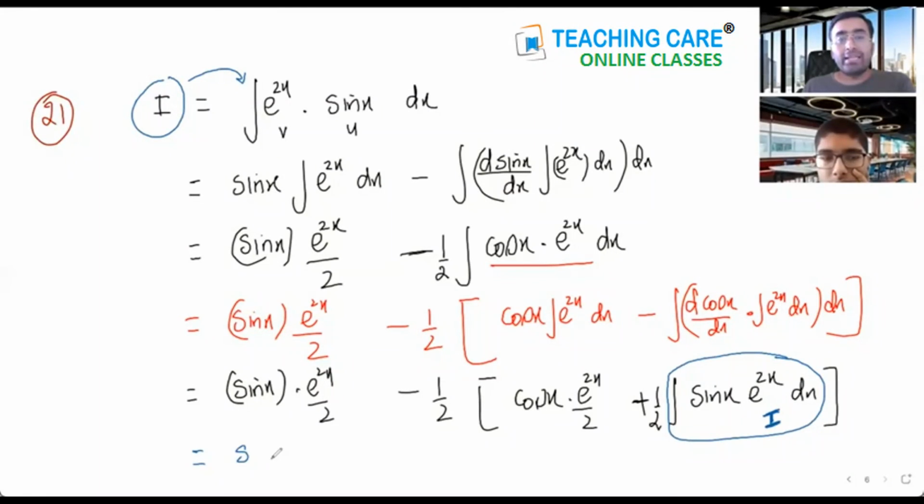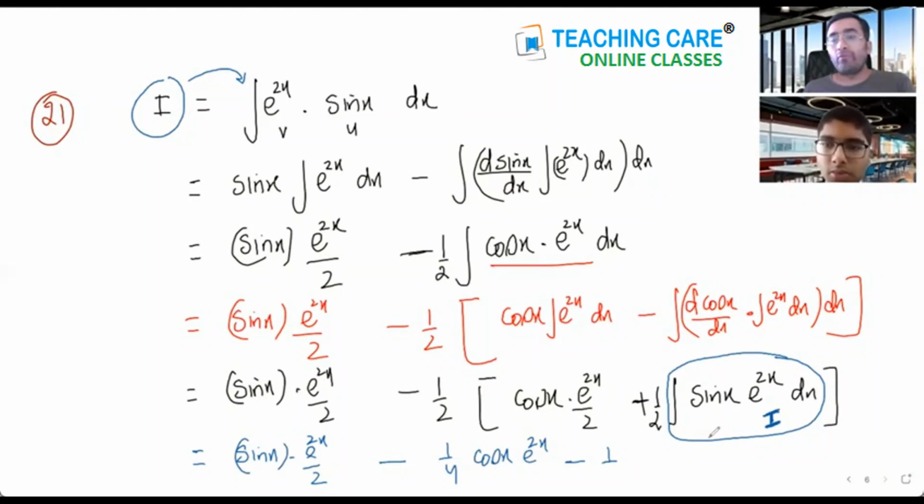This is sin x as it is times e raised to the power 2x by 2, minus 1 by 4 cos x times e raised to the power 2x, and this is minus 1 over 4 I. Got it till here? Make a note. Now we can move to the next part. See, this I we will delete first.